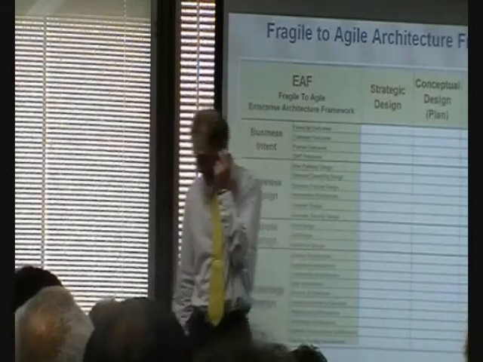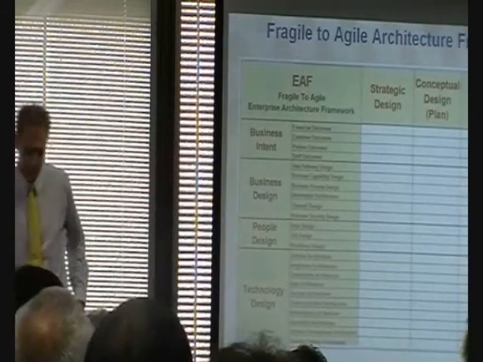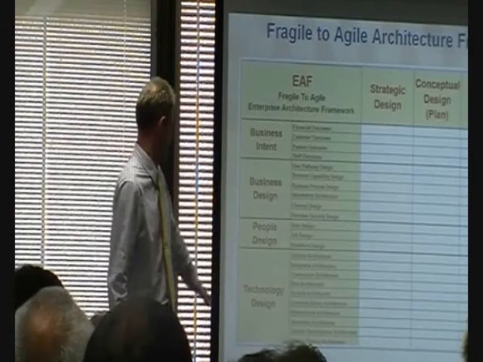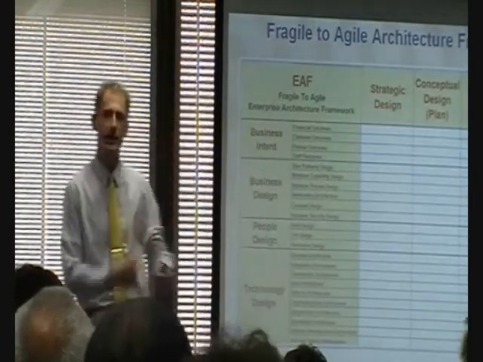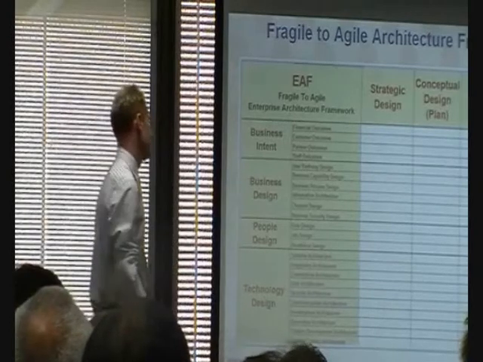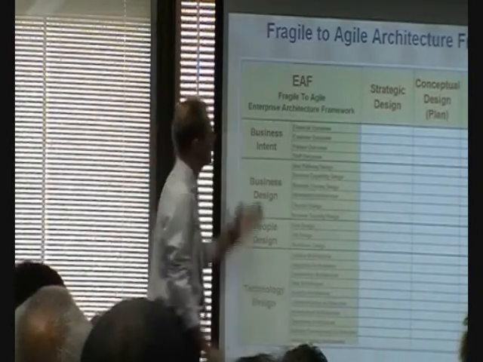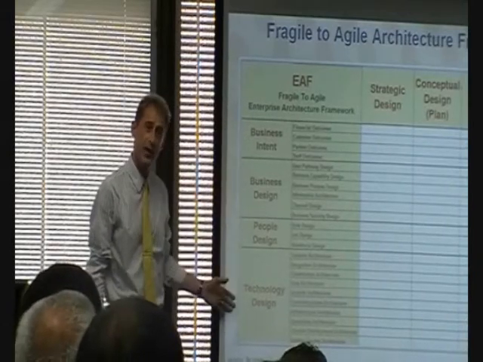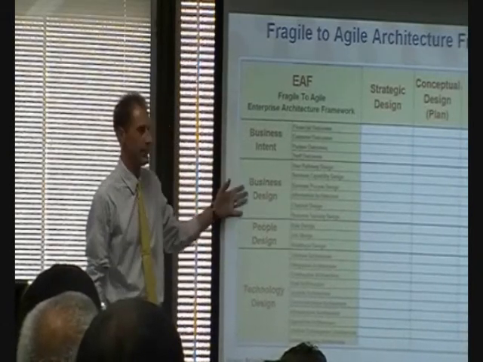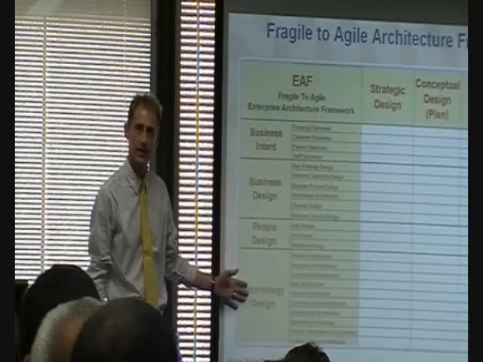So this is the Agile Enterprise Architecture Framework. The website has a detailed breakdown of what each of these things are. I couldn't go through it in great detail today. But broadly, you've got domains of design down here, broken into the four categories we discussed: business intent, business design, people design, and technology design.